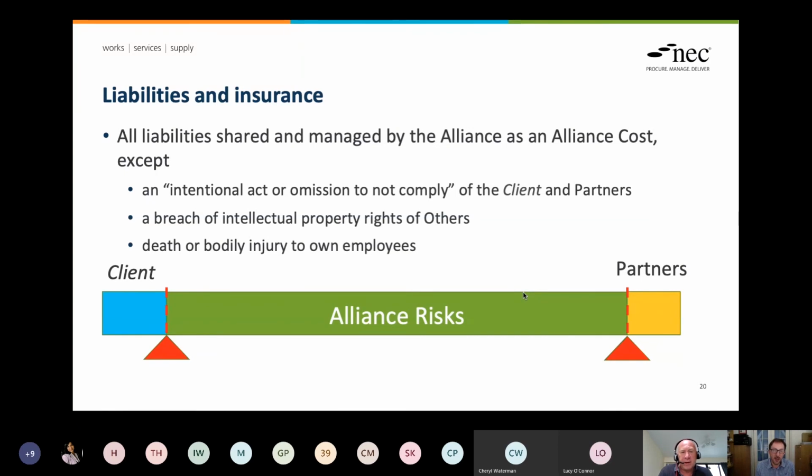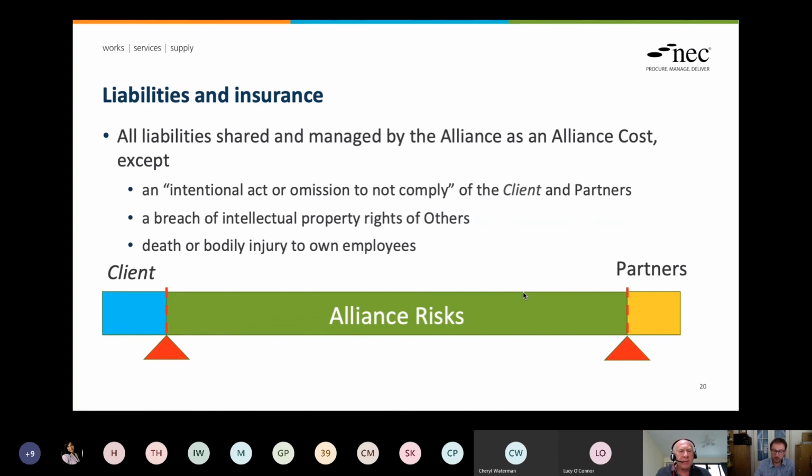Everything else is shared, in the middle there. So we've got a few examples on this slide of liabilities that are retained by one side or the other, things like an intentional act or omission and the consequences of that, or breach of intellectual property rights. So there are only very few that are retained by either side.